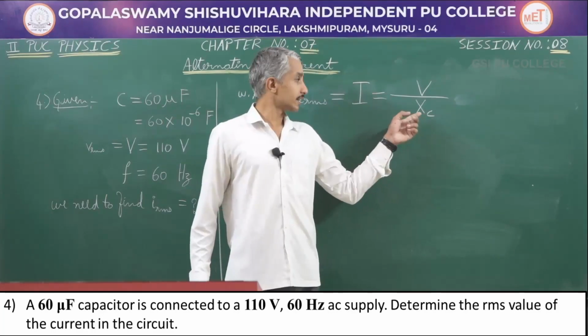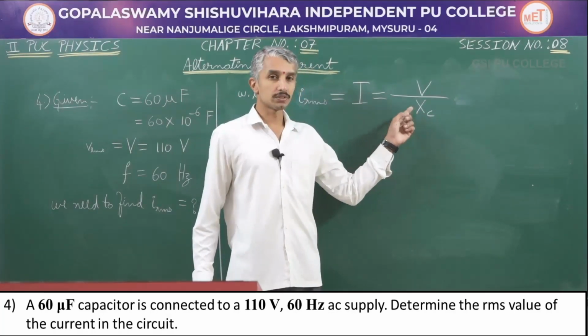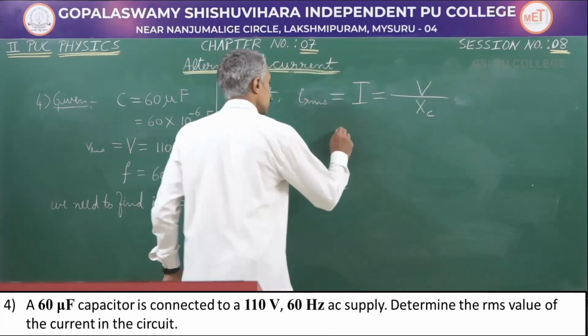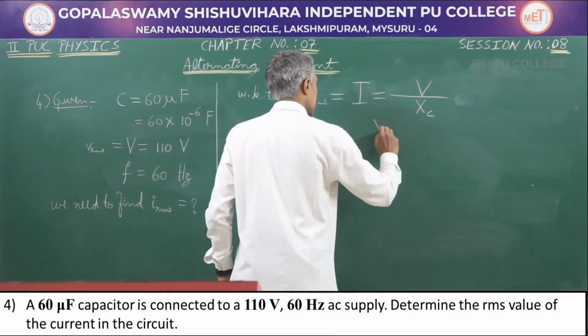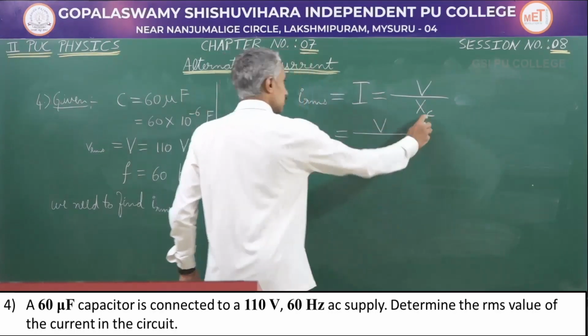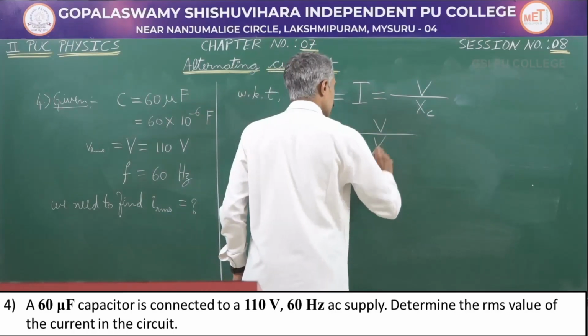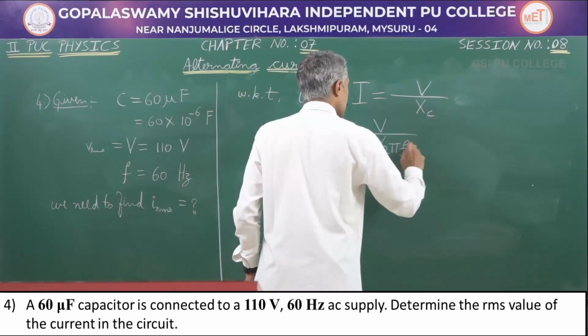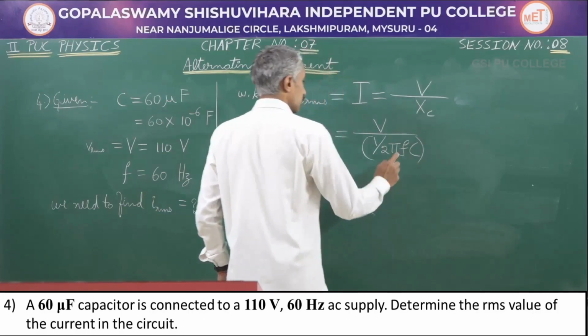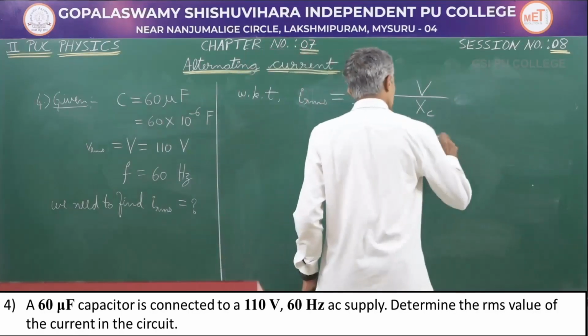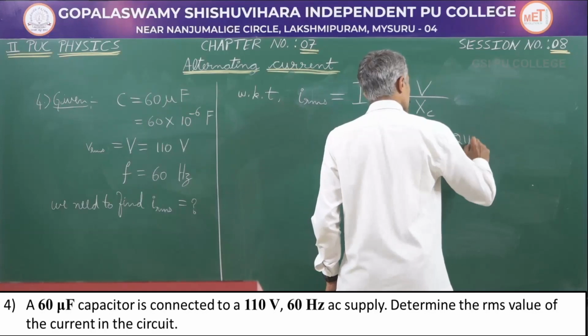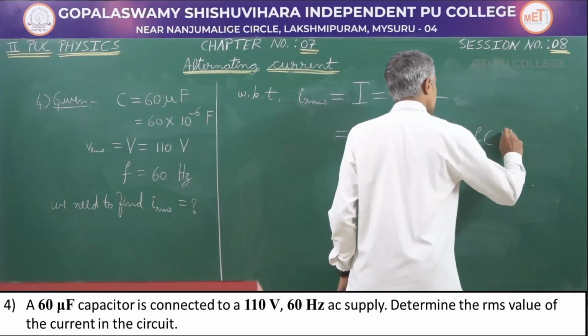Here the capacitive reactance is 1 divided by 2 pi Fc. So on further simplification, we are going to get this as 2 pi Fc into V.